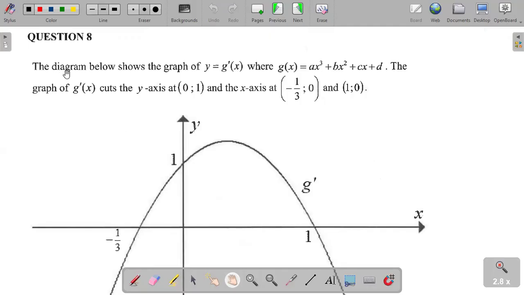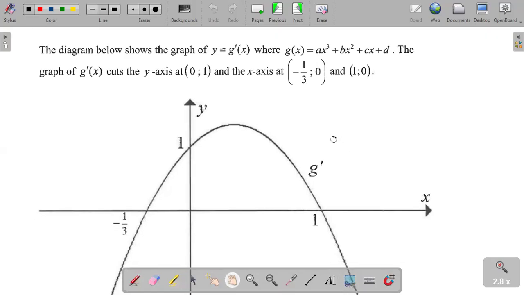Question 8, they say, the diagram below shows the graph of y equals g prime of x, where g of x is equal, so these are cubic functions, ax cubed plus bx squared plus cx plus d. The graph of g prime of x cuts the y-axis at 0 and 1. The x-axis at negative 1 over 3 and 0 and 1 and 0.